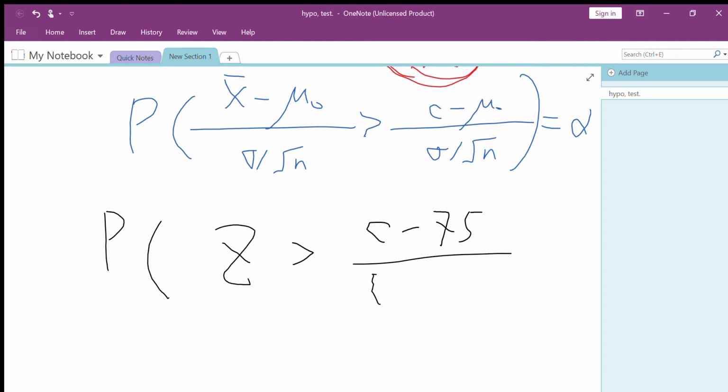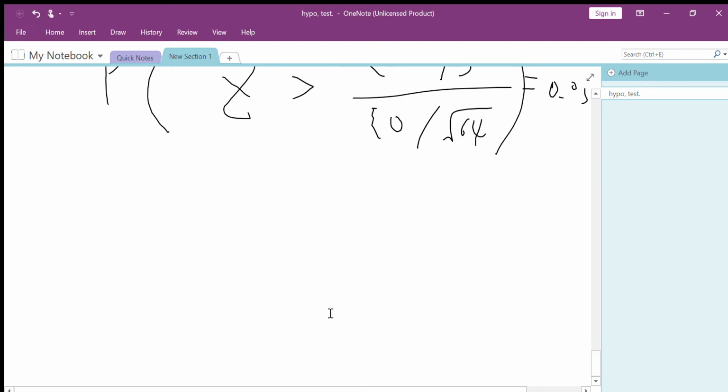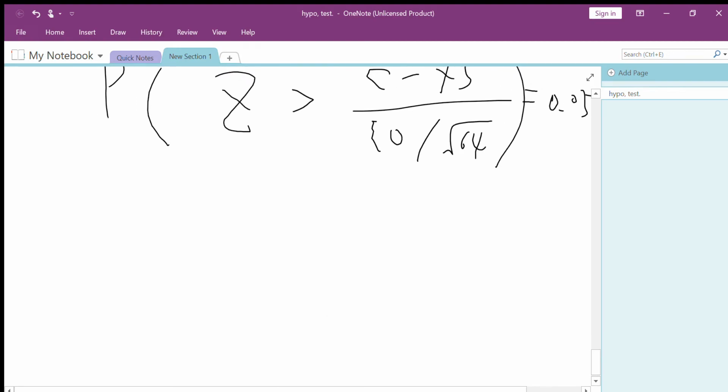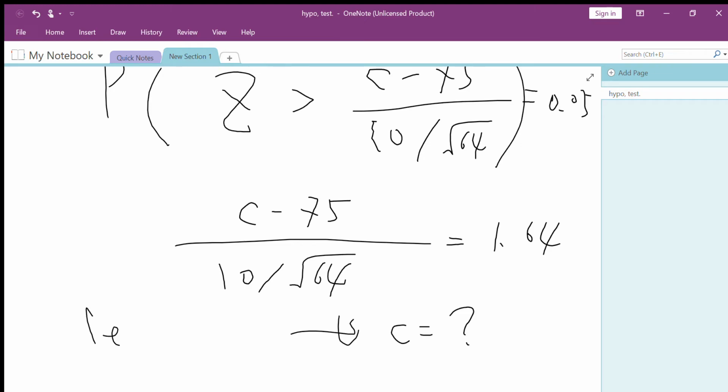Sigma is 100, so the square root of it is 10, divided by the square root of 64, and we set alpha as 0.05. We find from the table that c minus 75 divided by 10 divided by square root of 64 is 1.64, and you can find c. This is left as an exercise, it's just a simple calculation.